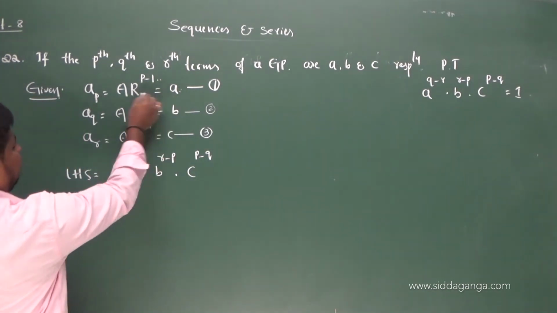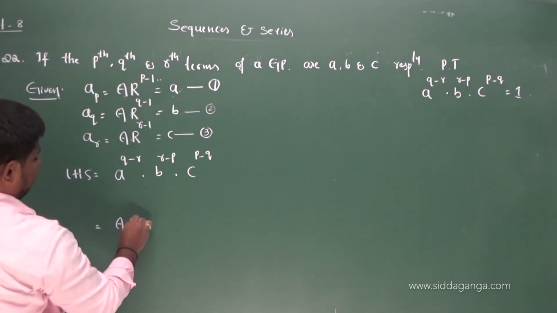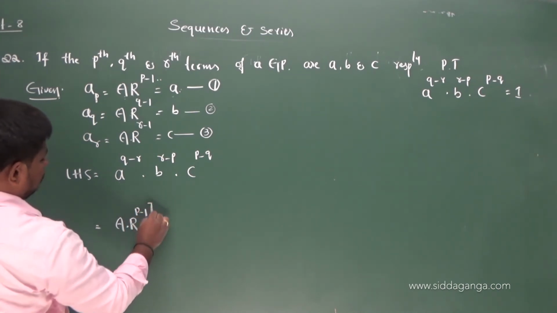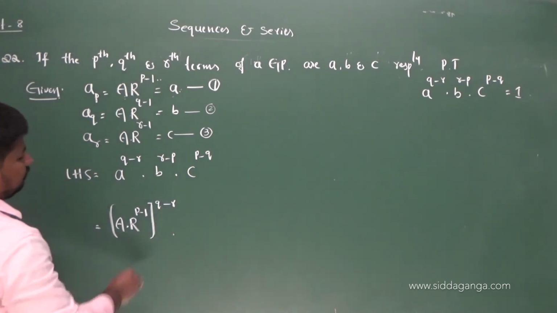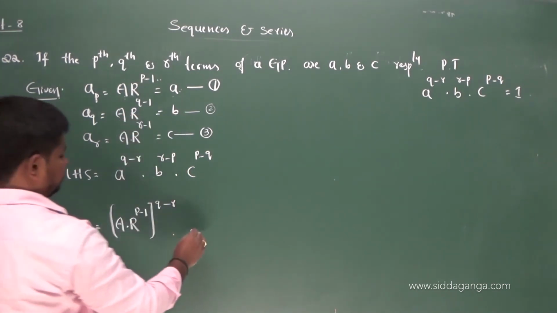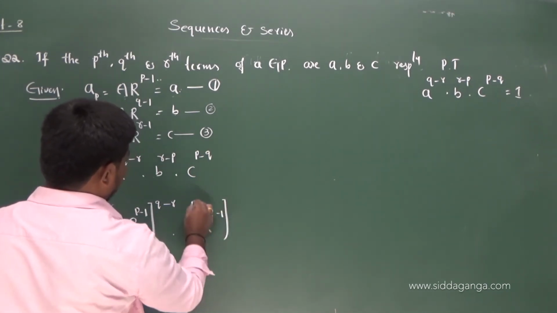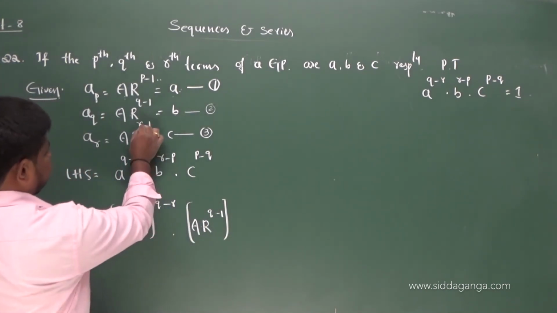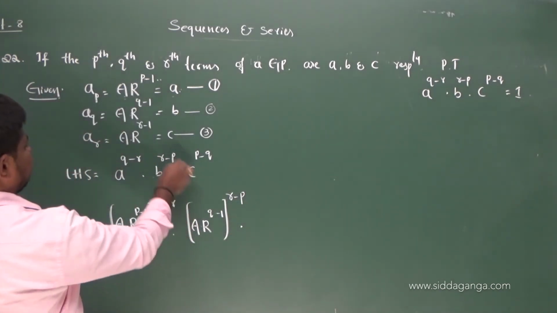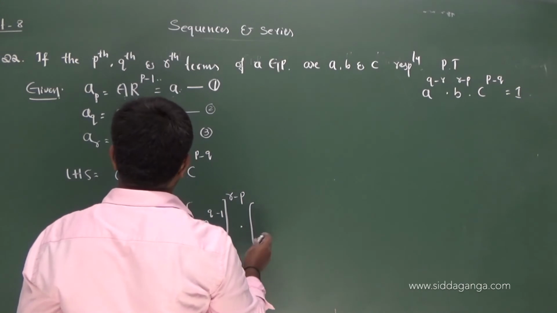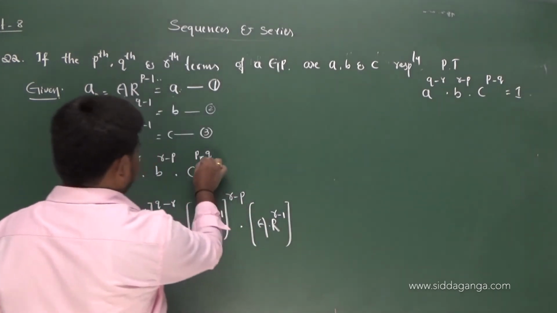In place of A, I substitute A R power of P minus 1, whole power of Q minus R, into B power of R minus P, where B is A R power of Q minus 1, whole power of R minus P, into C, which is A R power of R minus 1, whole power of P minus Q.